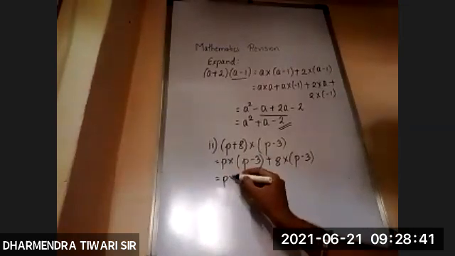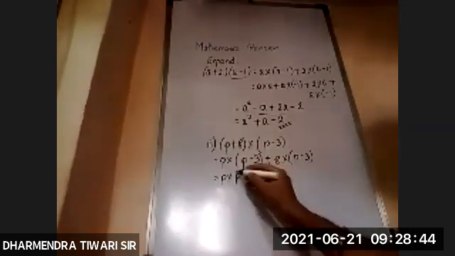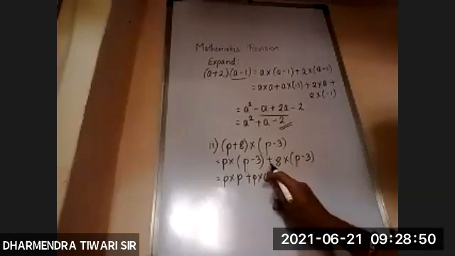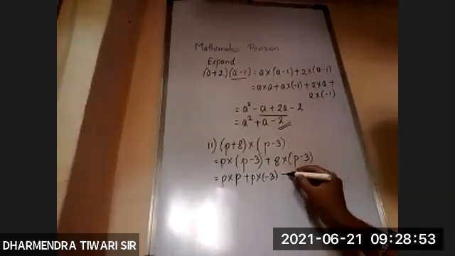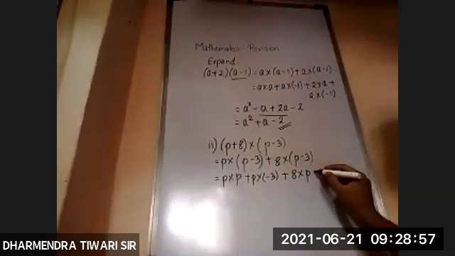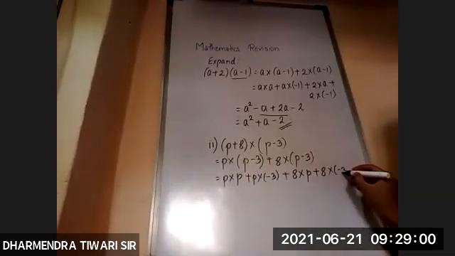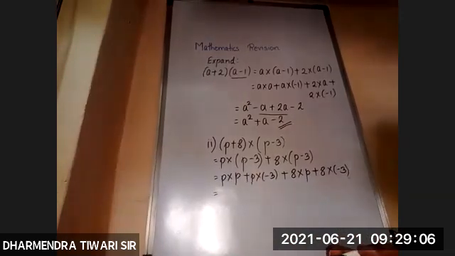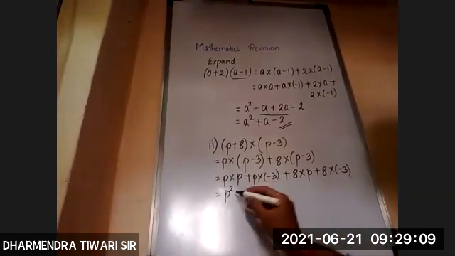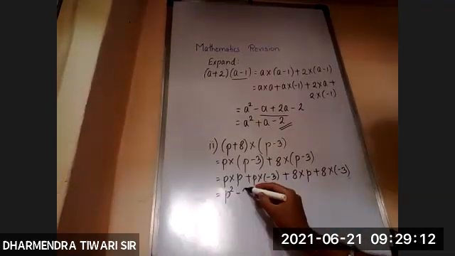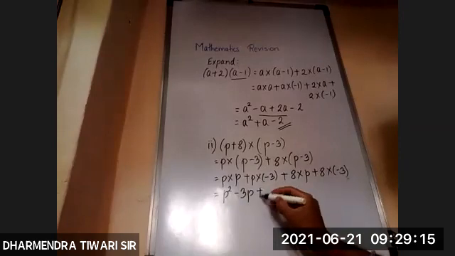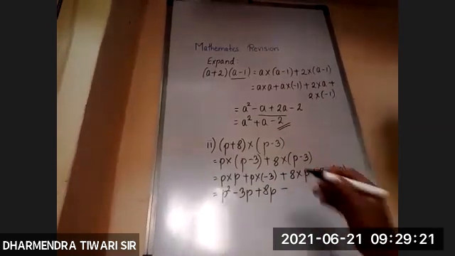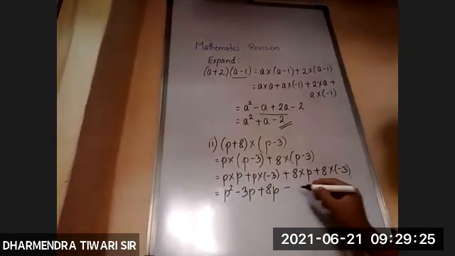Open the bracket. p gets distributed over the subtraction. So p into p plus p into minus 3, plus 8 into p, plus 8 into minus 3. p into p is p square. p into minus 3 is minus 3p, plus 8p, plus minus into 8 3s are 24.